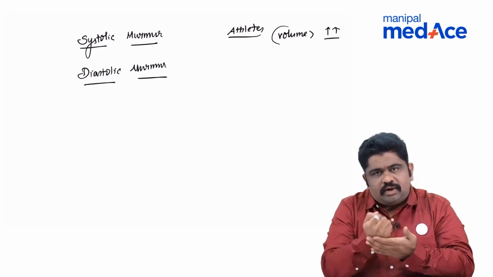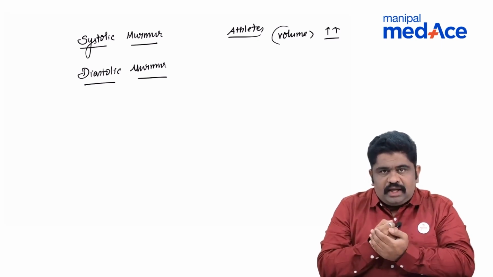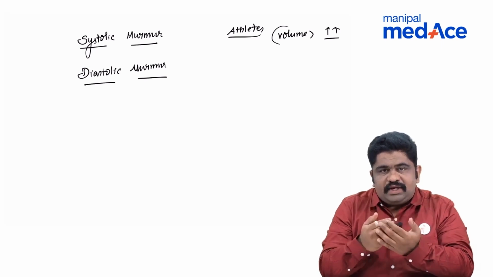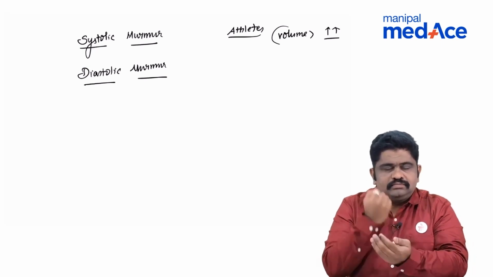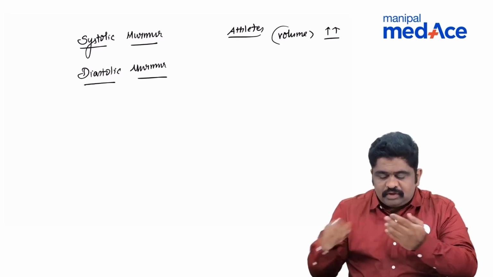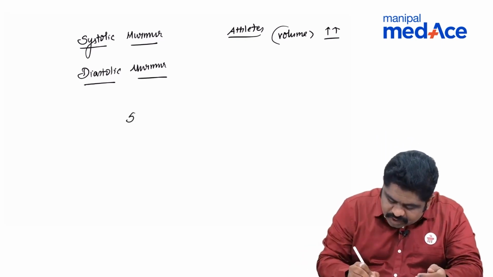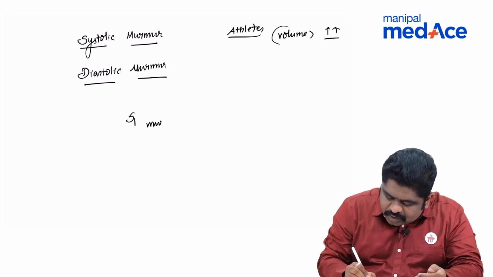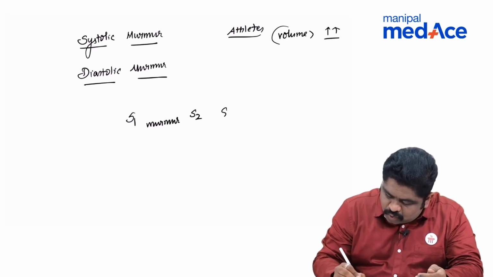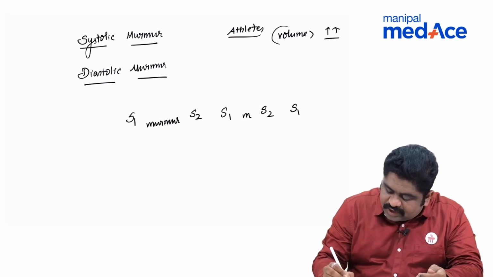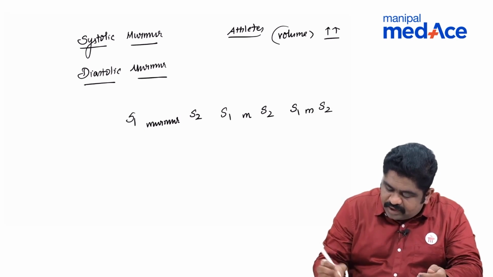Now this is actually an explanation, a description of the murmur. So we have S1 and then a murmur, then S2, again S1, murmur, S2, again S1, murmur, S2.